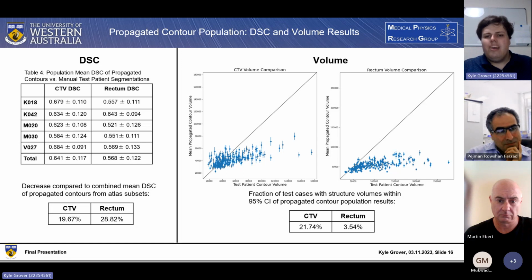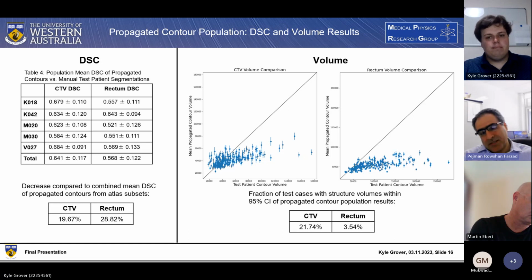I may have tangented a little there, but I imagine we would want to consider a much more robust model built specifically for head and neck cancers, and expect it would achieve much better dissimilarity coefficients.